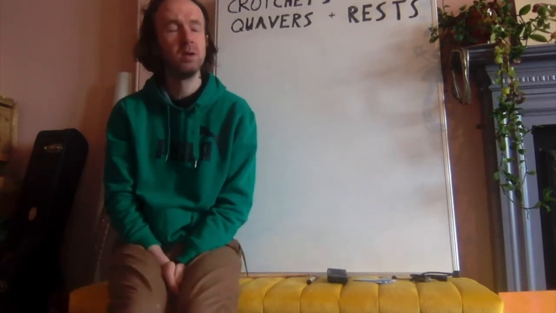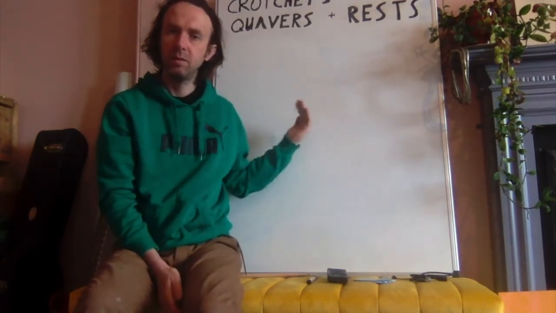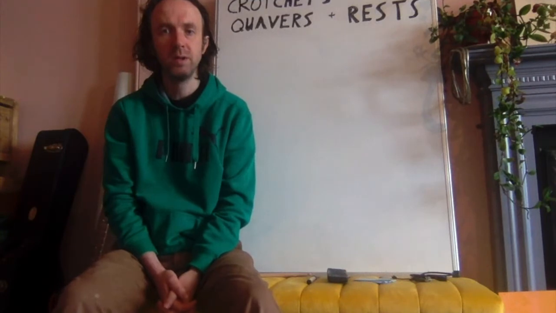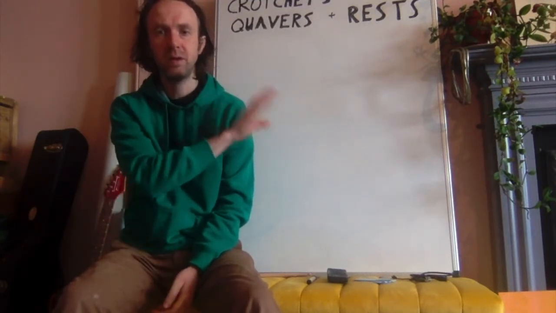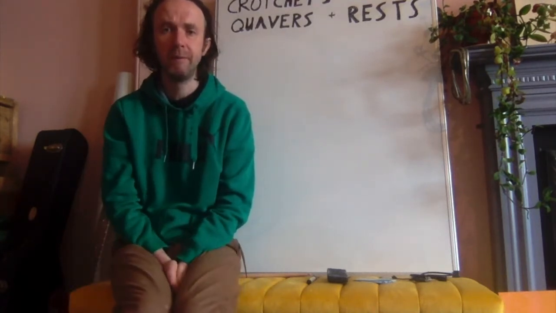So what I'm going to do is, behind me there's going to be one bar of music, and different combinations of crotchets, quavers and rests will come up on it.